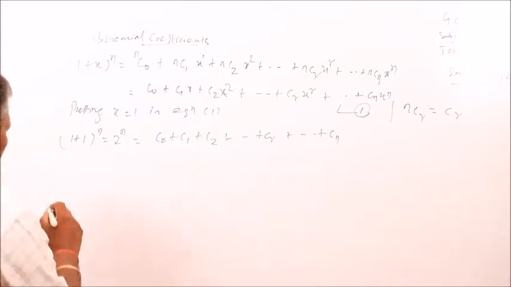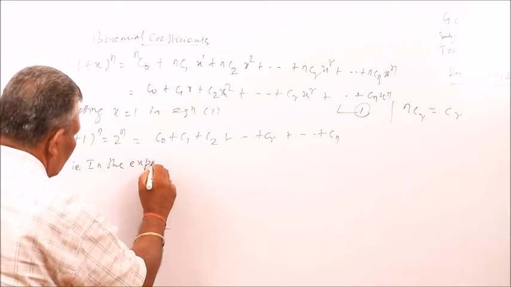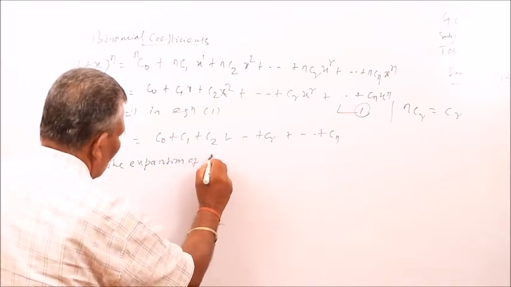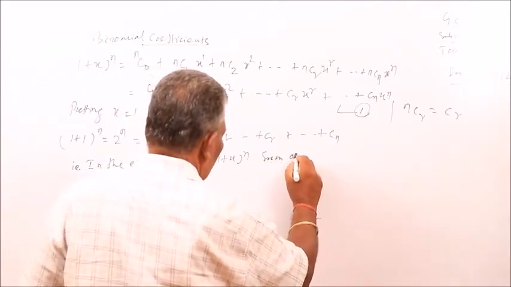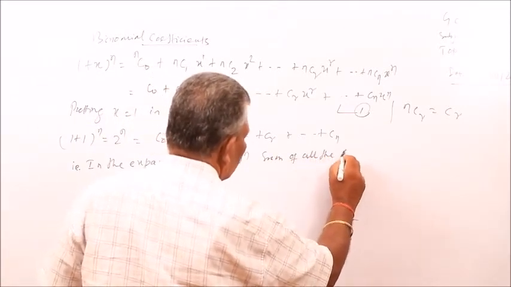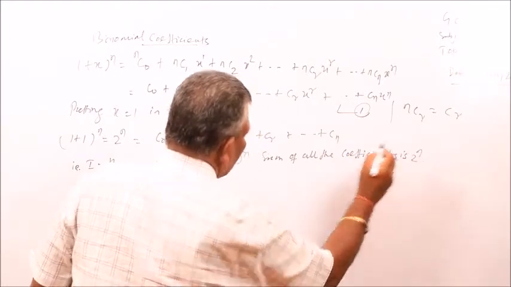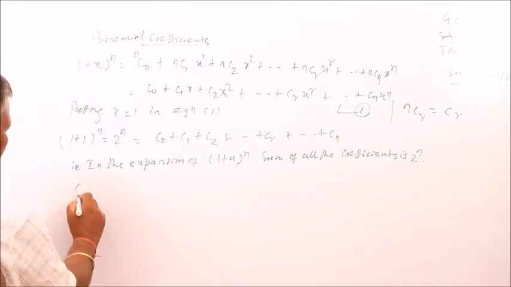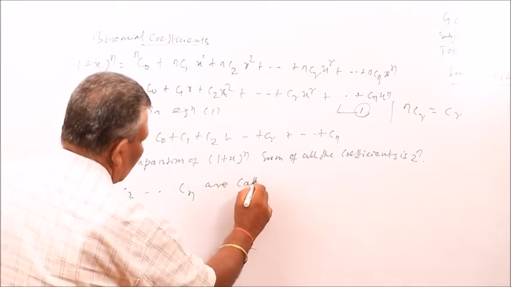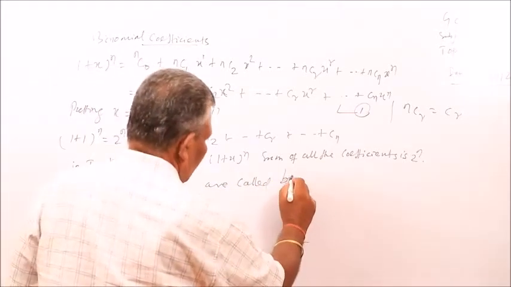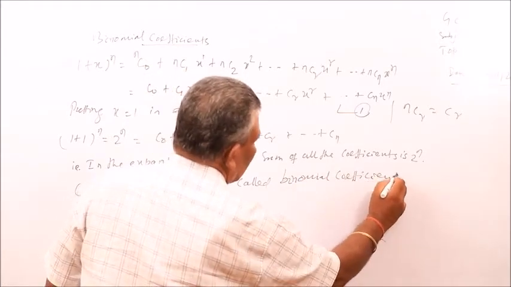That is, in the expansion of (1 + x)^n, the sum of all the coefficients is 2^n. Here C0, C1, C2, ..., Cn are called binomial coefficients.